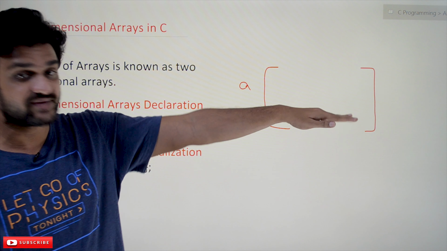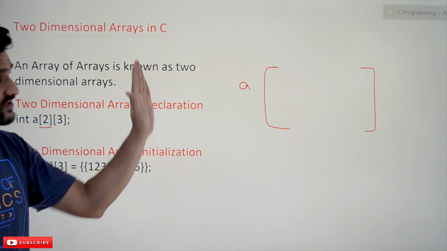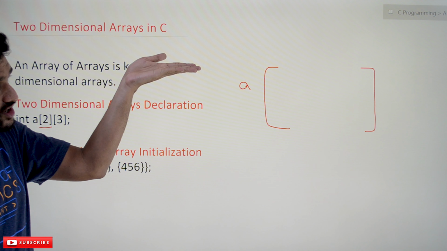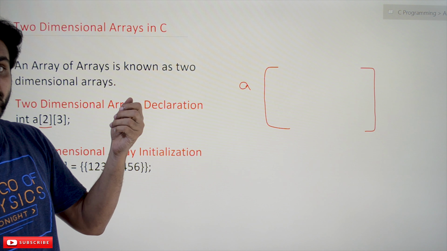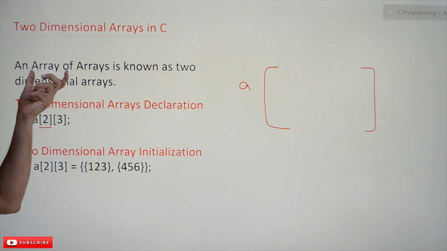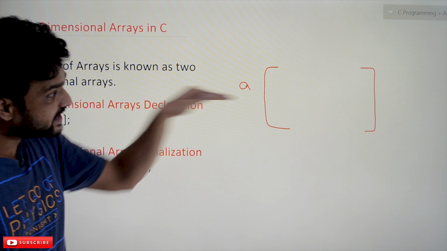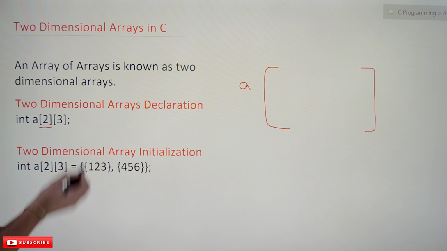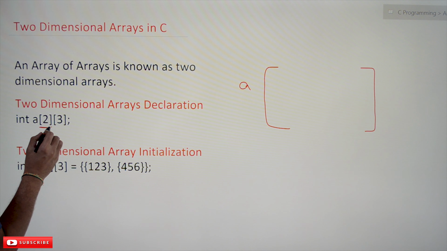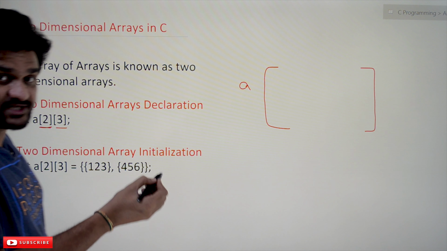In the previous examples we saw only one-dimensional arrays, but now the elements are also arranged row-wise. That is why an array of arrays is known as a two-dimensional array. Here we have two rows and three columns, and the elements are arranged that way.